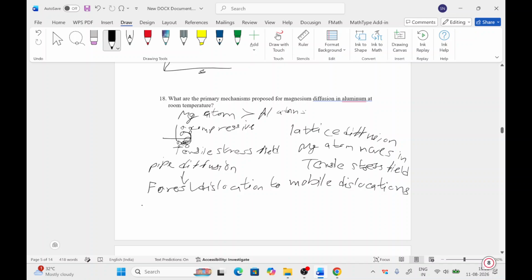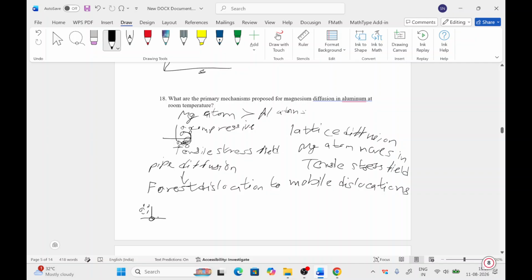So we can see that this is the dislocation plane where atoms are arranged, but at the dislocation core, the magnesium atom sits. If there are multiple dislocations, let's say it is a forest of dislocations, the density of dislocation cores will be very high.